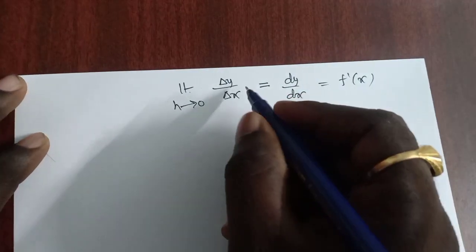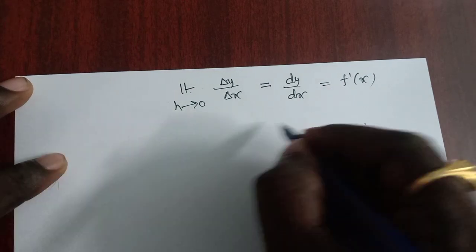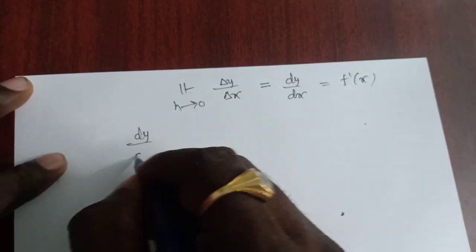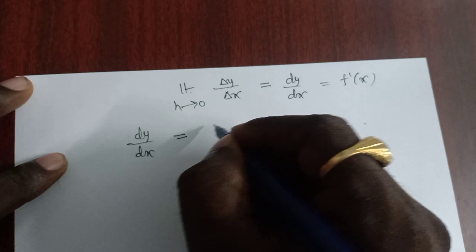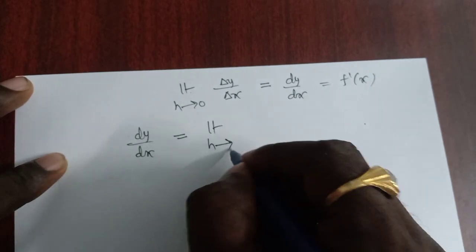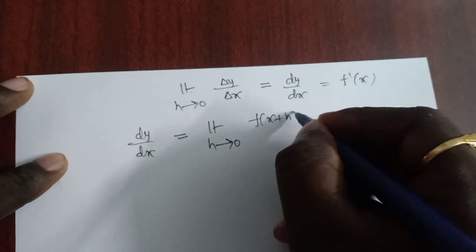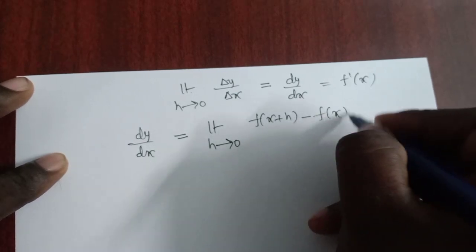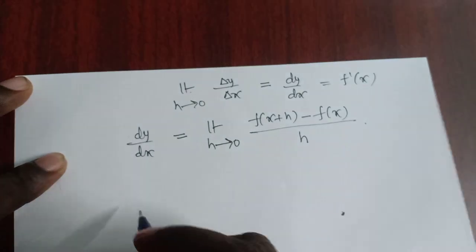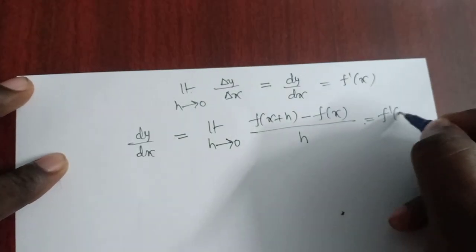So what is delta y by delta x? The average rate of change. Clearly dy by dx is equal to limit h tends to 0 of delta y by delta x, which is f of x plus h minus f of x, whole divided by h, which is also known as f dash of x.